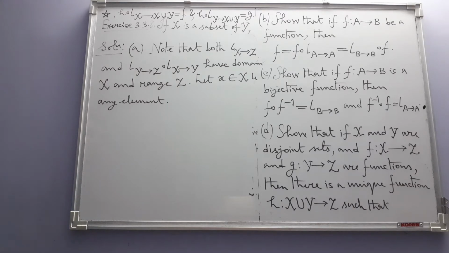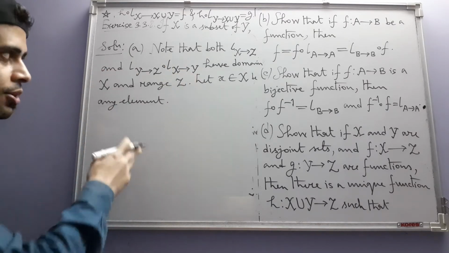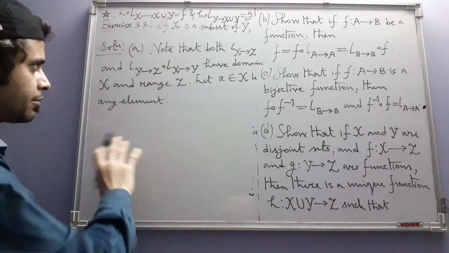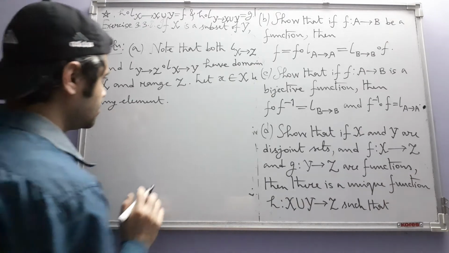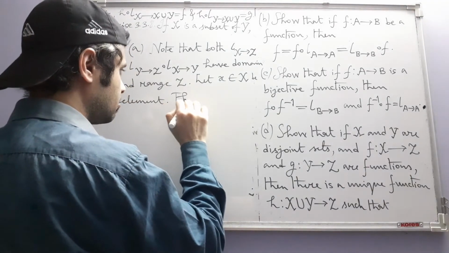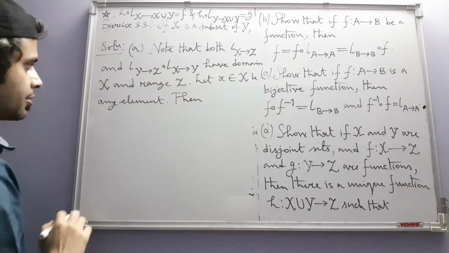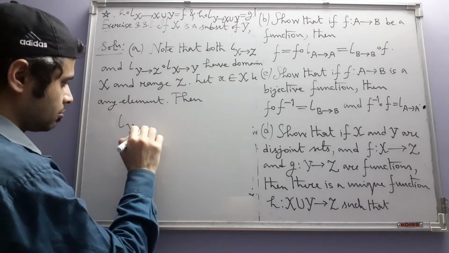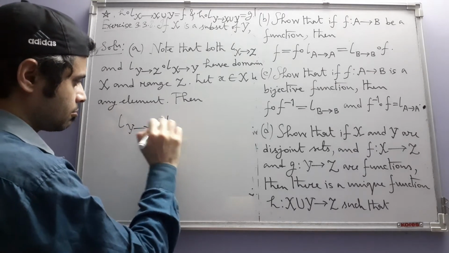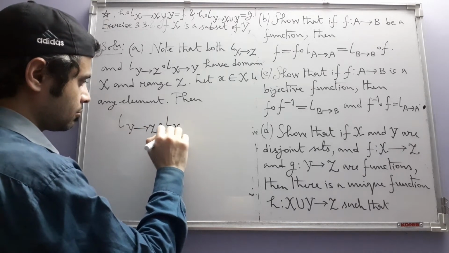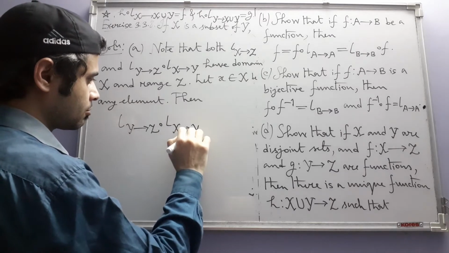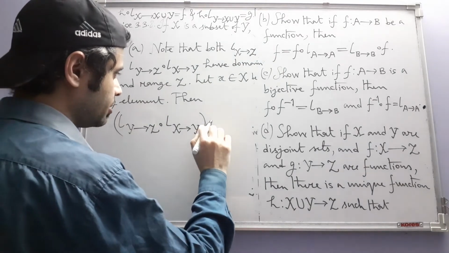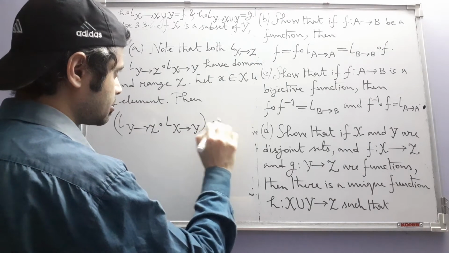Okay, so what we do, we just basically apply this, because the inclusion map definition is very easy. The rule of assignment is just like the identity map. So we directly calculate the output of this map when the input is x.